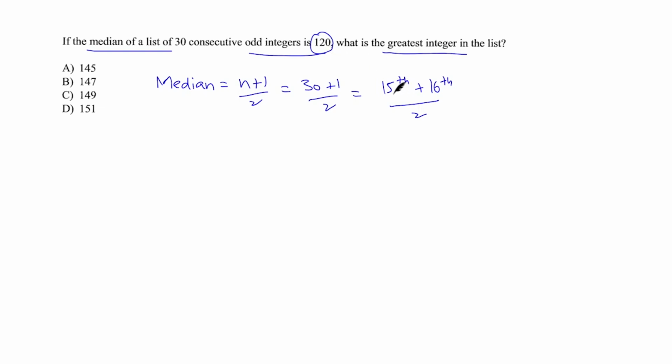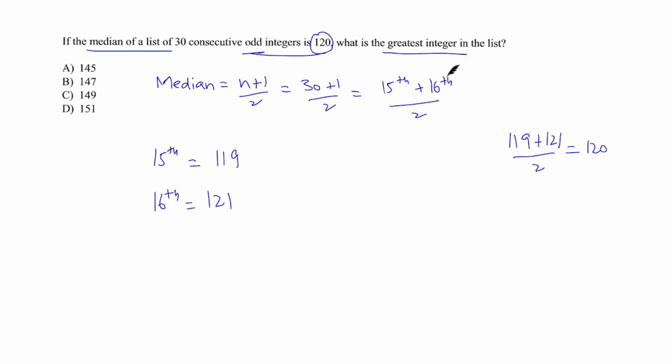That means the 15th integer is 119, it needs to be an odd integer, and the 16th integer is basically 121. You add these up, what do you get? 119 plus 121 divided by 2 will give you 120. That's the median.